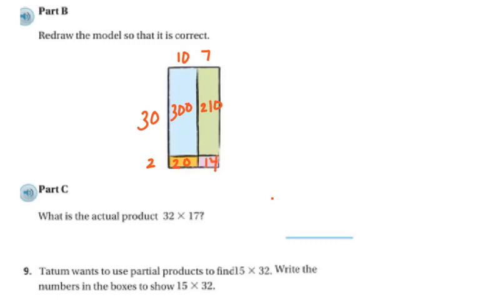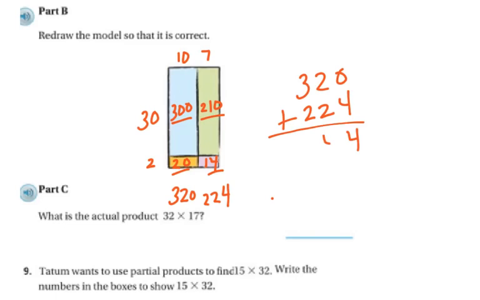And then when you're adding up your partial products, you have 300 plus the 20 is 320. On this side, you've got 210 plus 14, which is 224. So now I have 320 plus the 224, and I get 544. So the answer is 544.